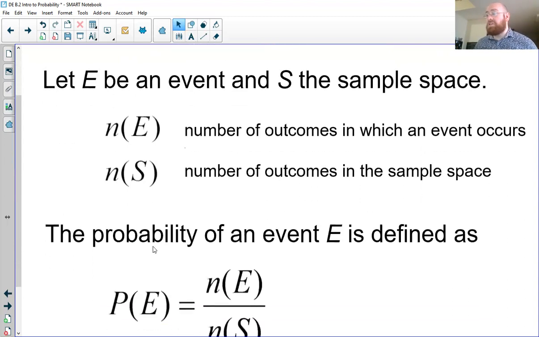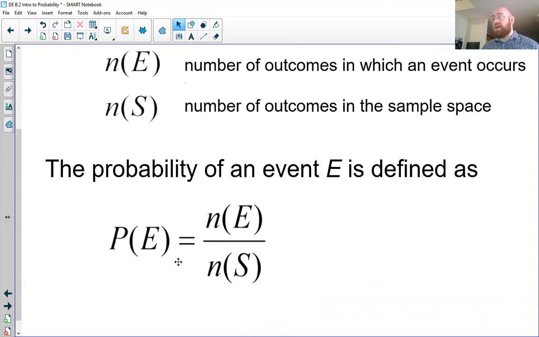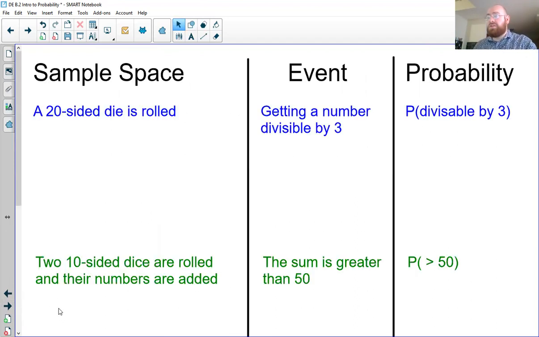The probability of an event is defined as the probability of E equal to the ratio of the number of outcomes in the event divided by the number of outcomes in the sample space. So we're calculating numbers and finding a ratio. Let's do some examples.